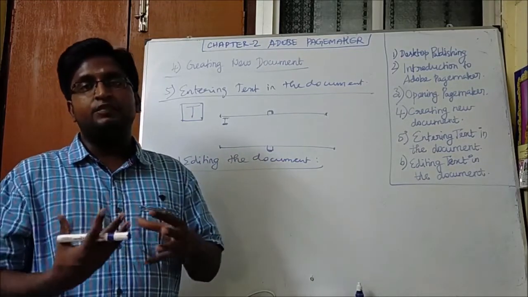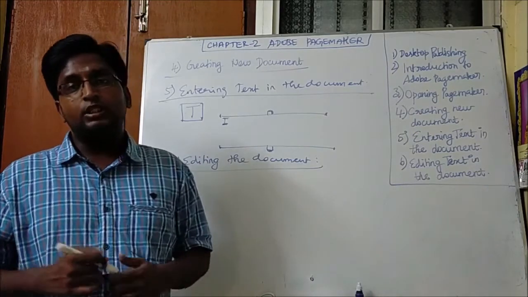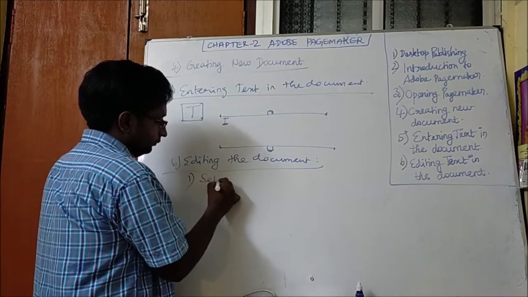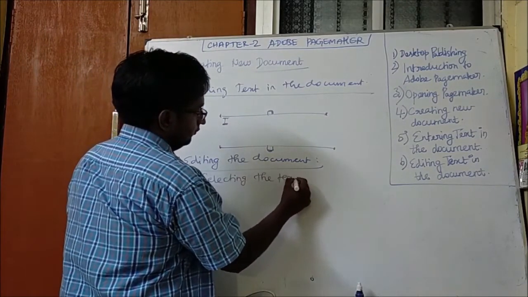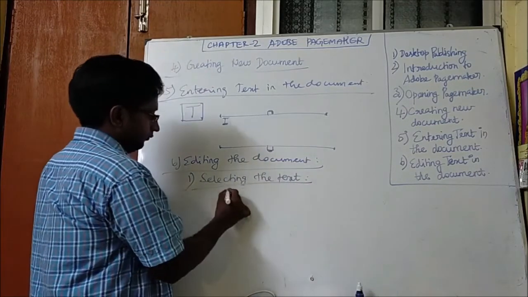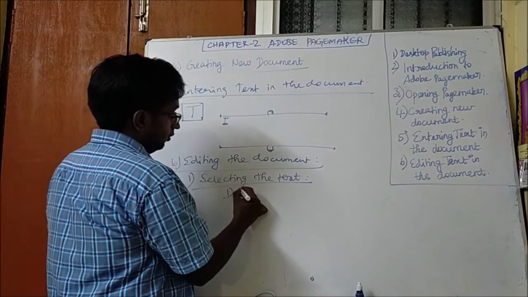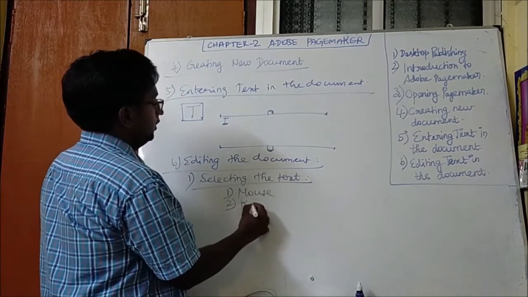So these kinds of activities or functions come under editing the text in the document. The first one is selecting the text in the document. Selection can be done in two ways: one using the mouse and the other using the keyboard.